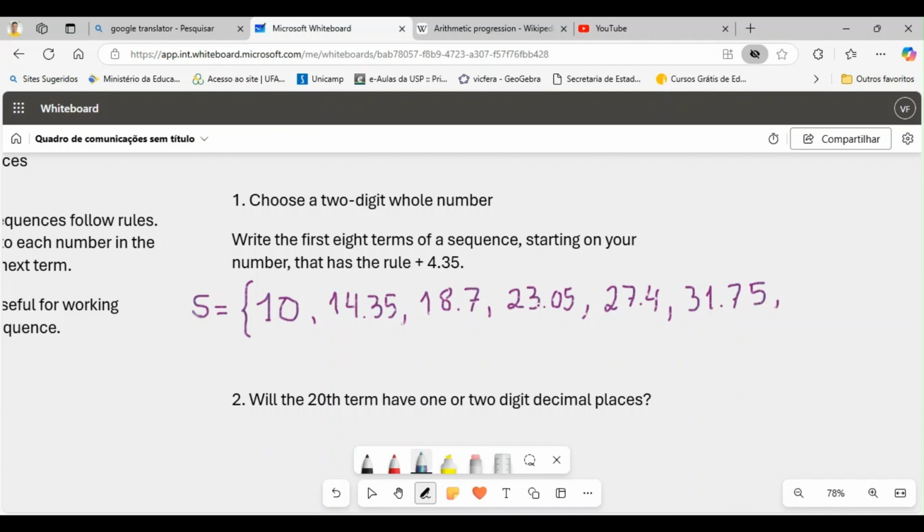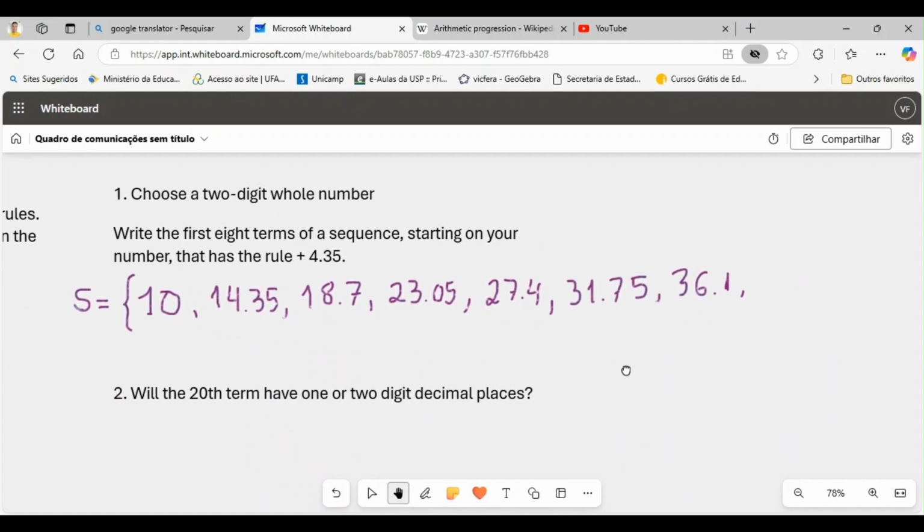That's 1, 2, 3, 4, 5, 6. 31.75 plus 4.35 is 36.1. And let me see, one more just to complete that.